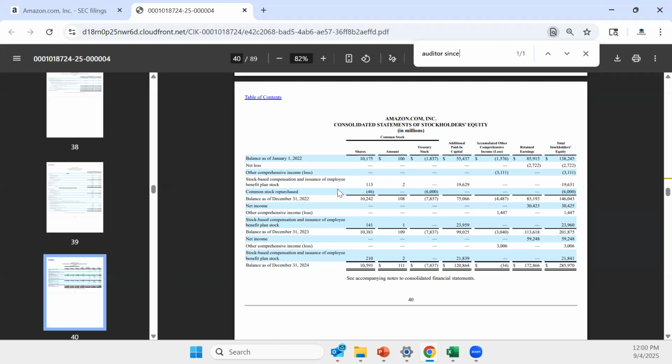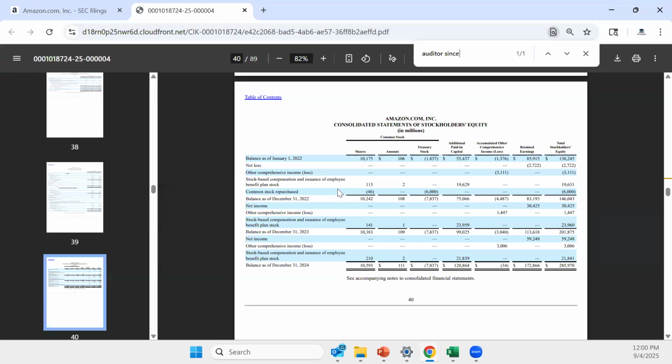It's like they had some minor stock-based compensation, and then their net income. In the past they had common stock repurchased, but in the past 2 years they haven't done any stock buybacks.